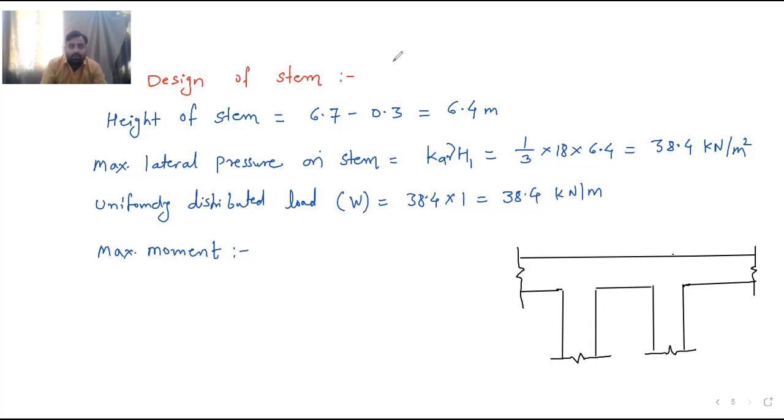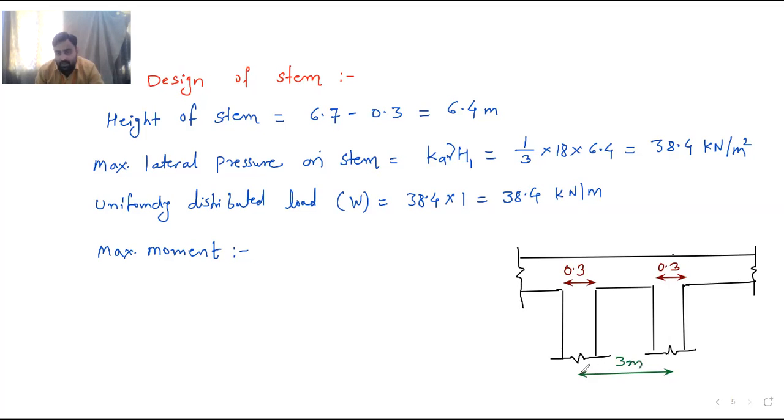Now the thickness of the counterfort is known to us. This is given in the problem. Okay, so we have taken this as, now it is not given, we have taken this as 0.3. This is 0.3. We already know that 0.3, 0.3. And the spacing is given in the problem. The center to center spacing between the two counterforts is 3 meter.